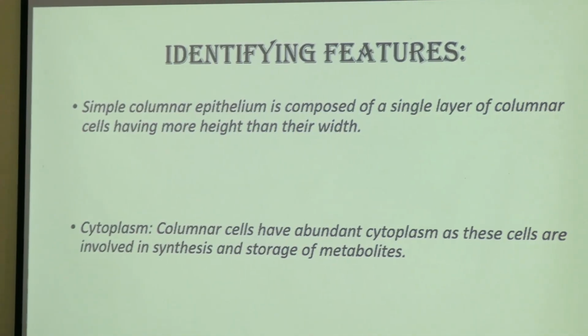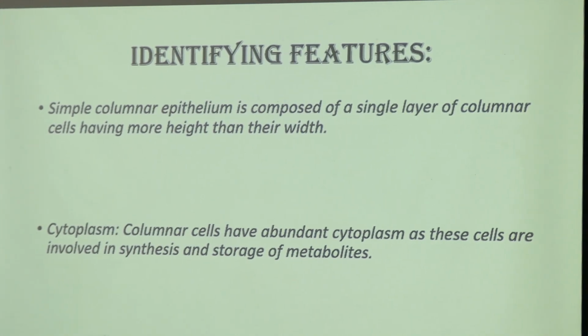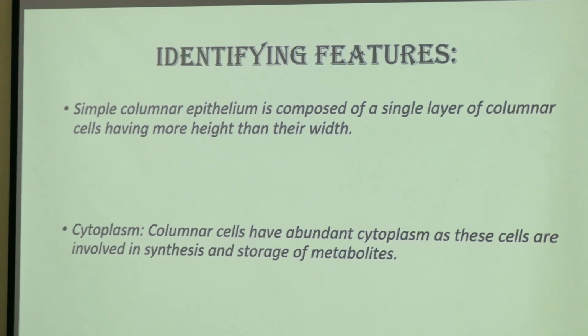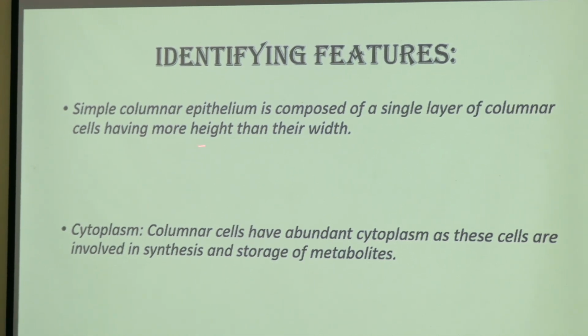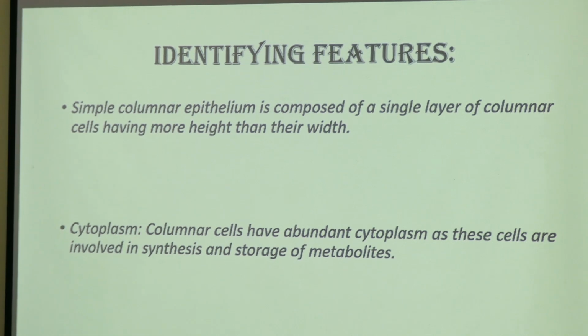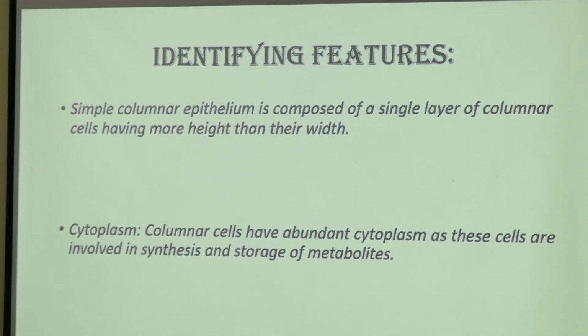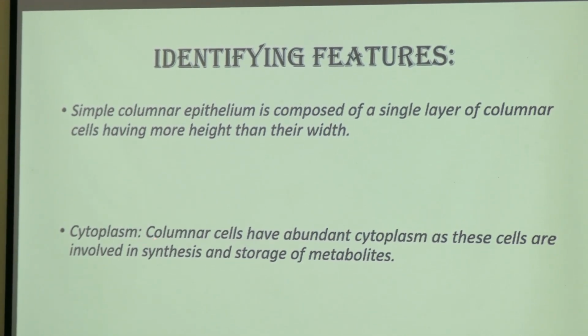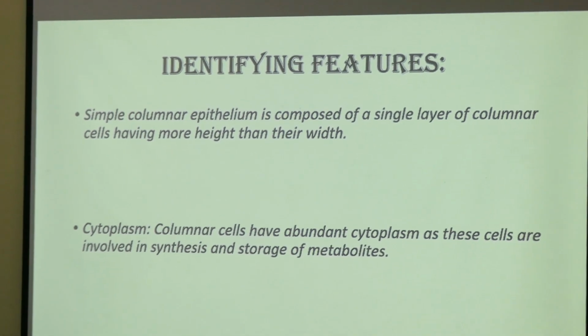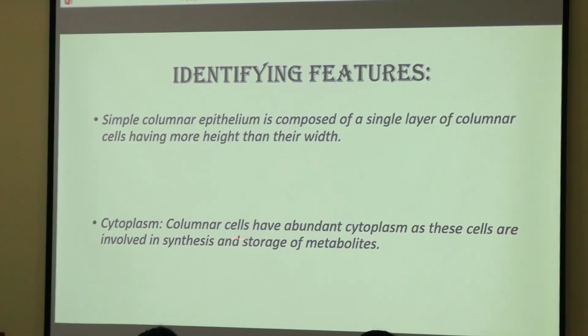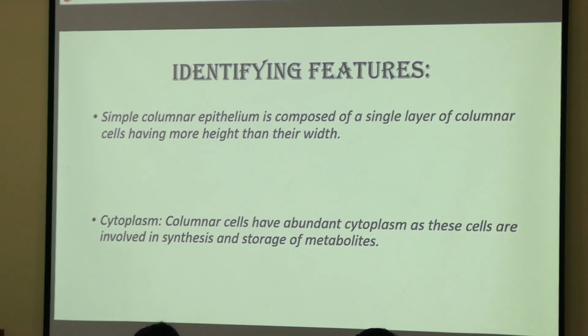Start writing. Identifying features. Simple columnar epithelium. Why is it simple? It's composed of a single layer of columnar cells having more height than width. Cytoplasm: columnar cells have abundant cytoplasm. What is abundant? Large, right?